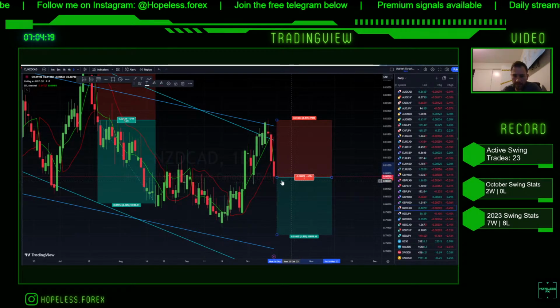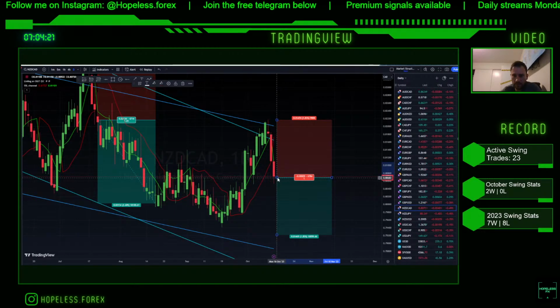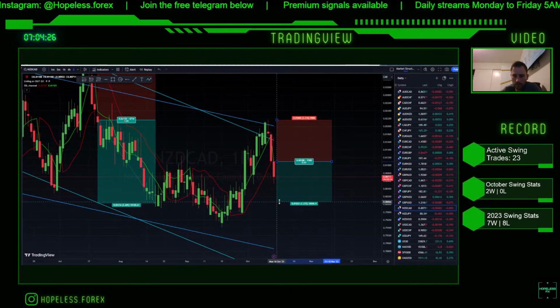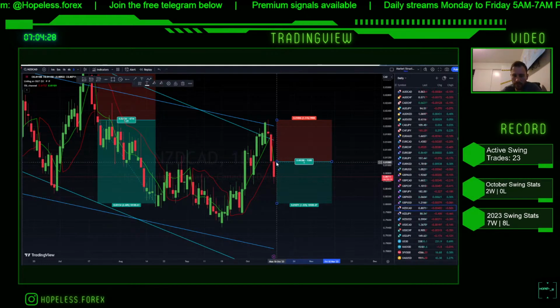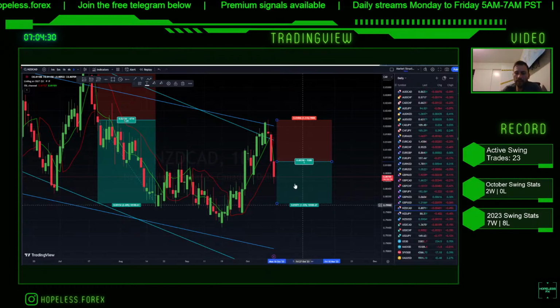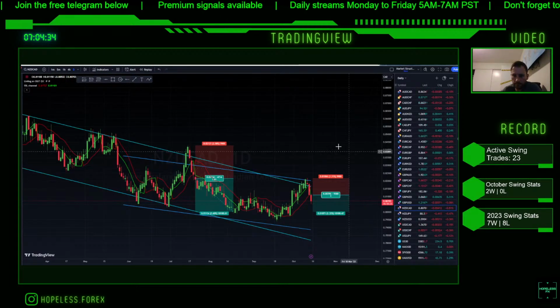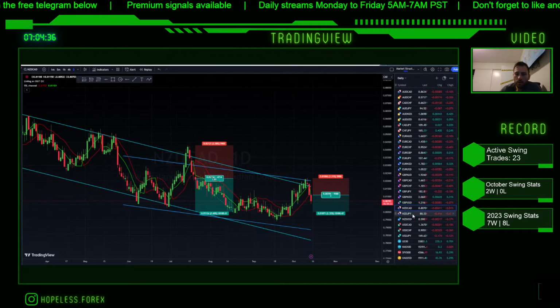Yeah, that's just a bit too aggressive. The stops and the take profits are a bit too large. So I'd rather put in a limit order for price to retrace, hit my entry, and then have it come back down. If that works out that way, it might not.